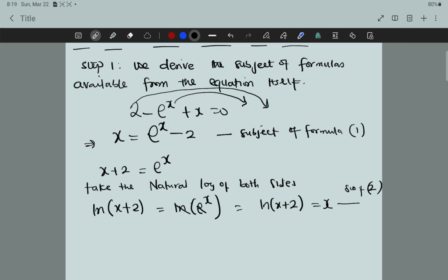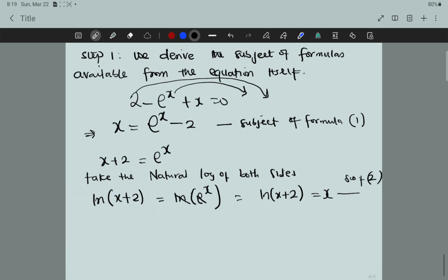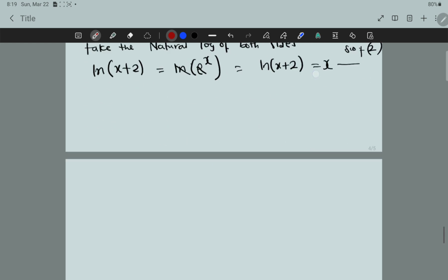All right, so let us see. Now step 2. We differentiate each subject of formula.